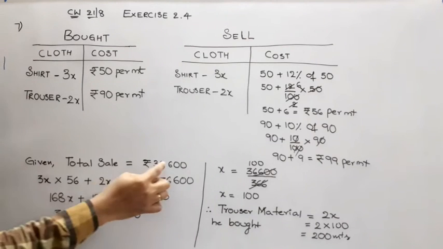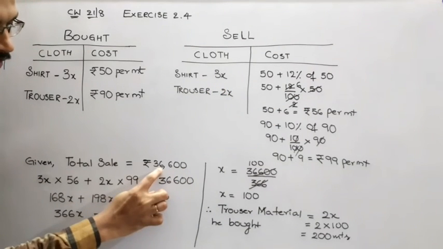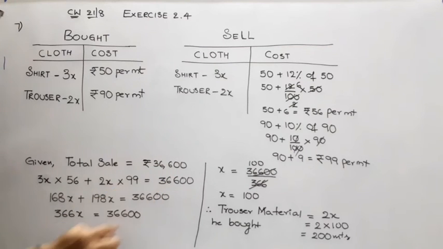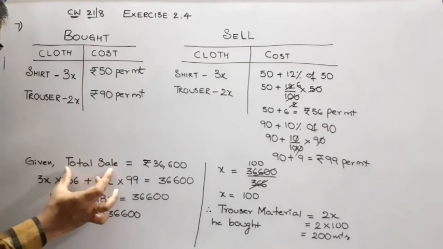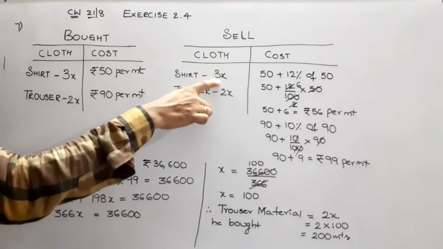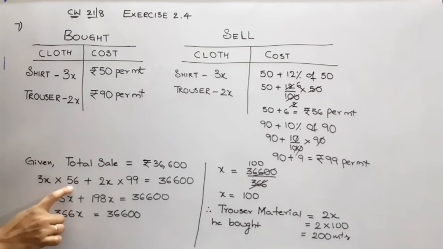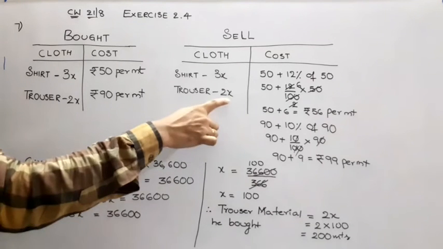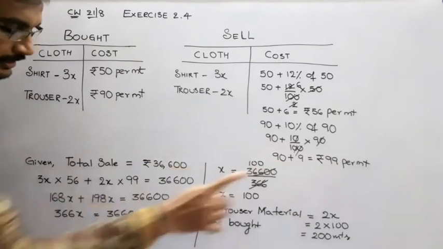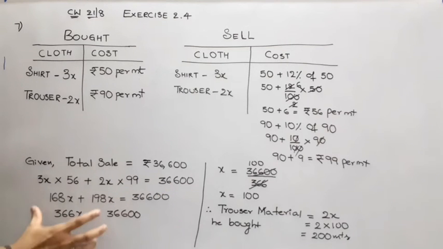Now, by selling at these rates, they are saying that he got 36,600. Now look, the total sale is 3x into 56 plus 2x into 99, which is equal to 36,600.